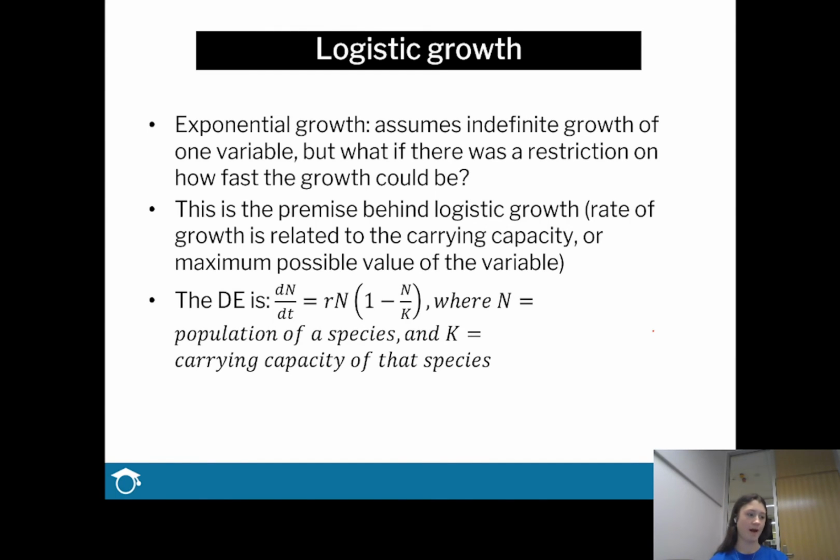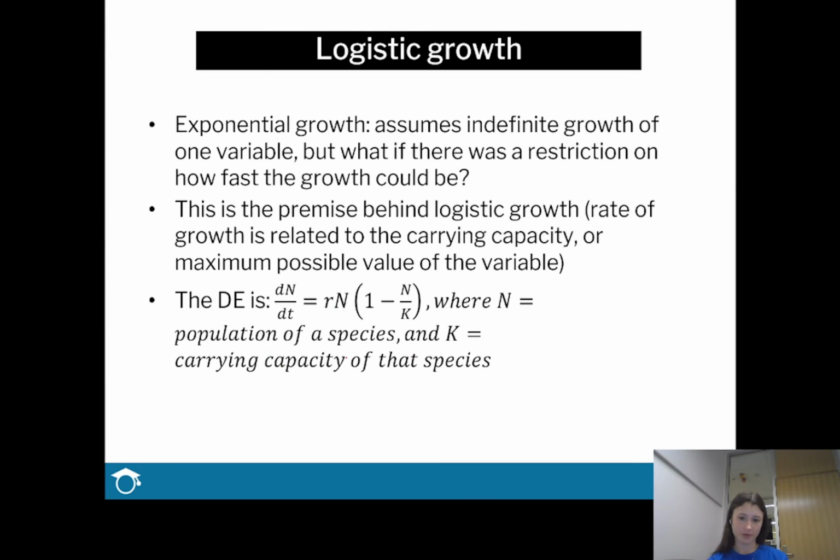So maybe you have a zoo of monkeys, and we can never have more than 20 monkeys or something like that. Anything like that where there's only a certain amount of a population or something that can be achieved.